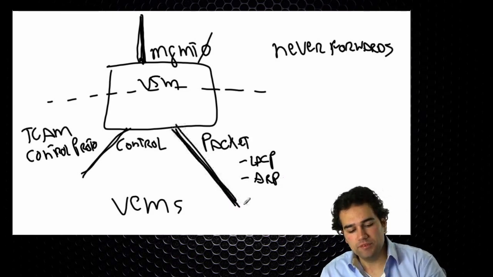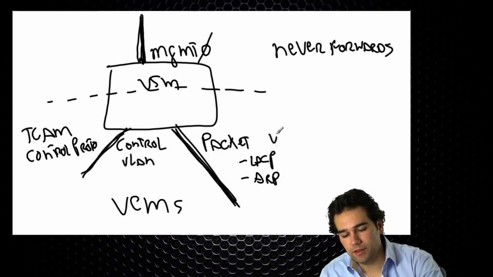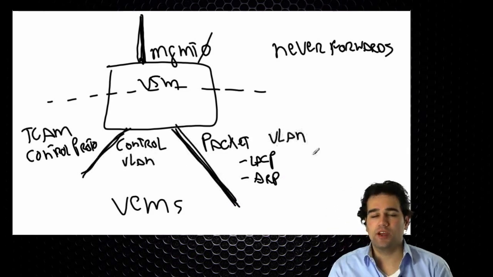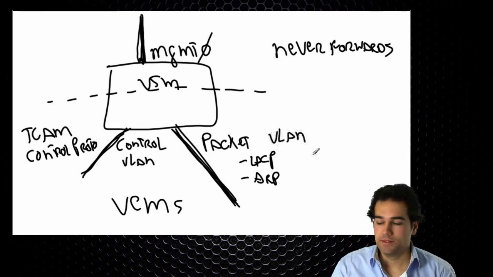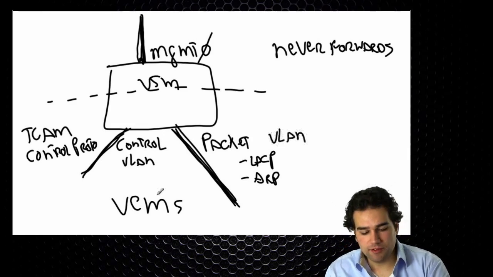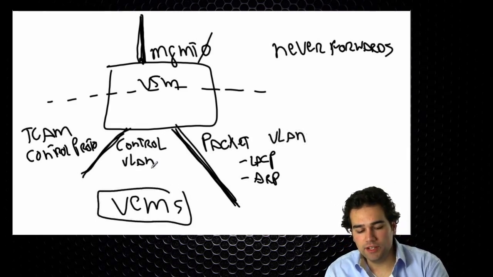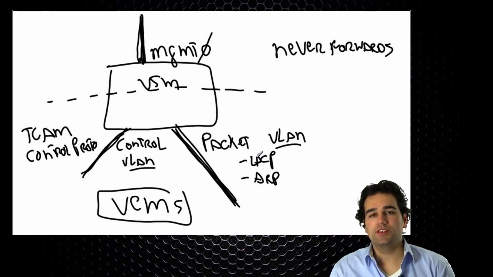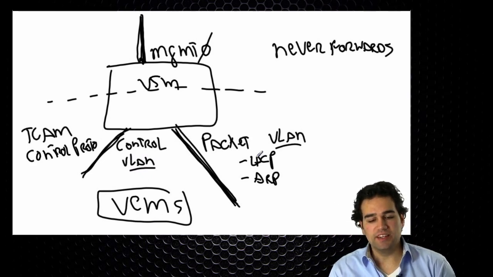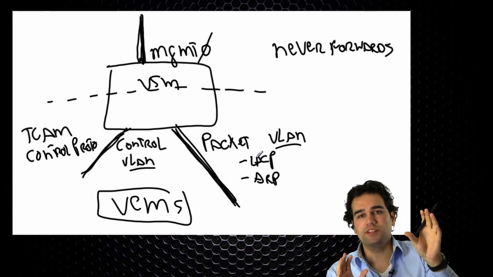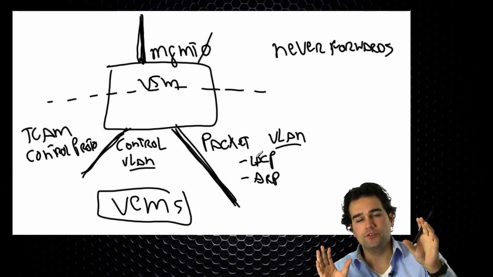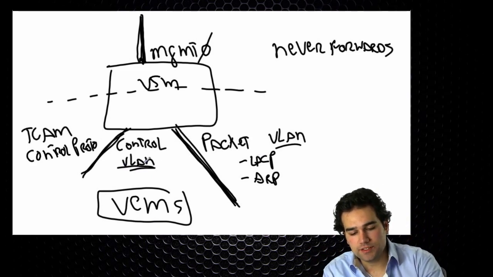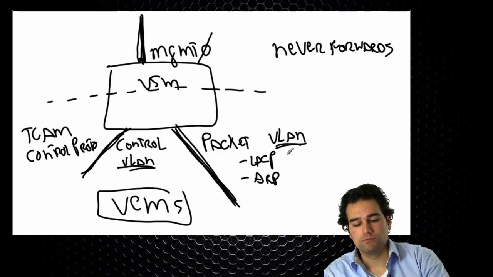So these interfaces, of course, map then to a VLAN. So I have a control VLAN and a packet VLAN to send that traffic in. If I attach my VEMs to these two VLANs, the communication is established. So I need a communication path between the VSM and the VEM, and I can do that either through VLANs, so I have two VLANs, or just one.